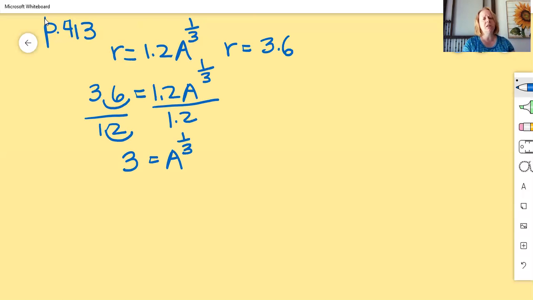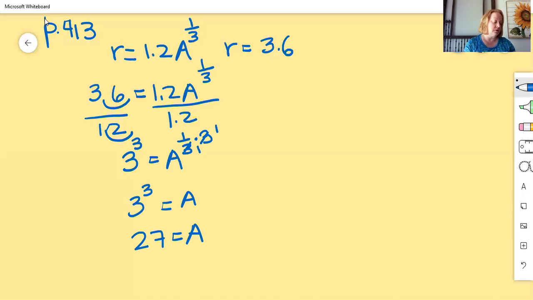I still have to get the A by itself. It's to the 1/3 power, so I'm going to use the reciprocal, which is 3. If I raise this side to the 3rd power, I also have to raise that side to the 3rd power. So 3 to the 3rd equals A, because the exponents cancel. So 27 equals A.